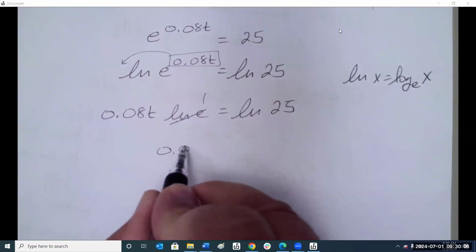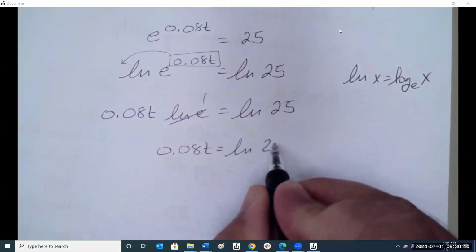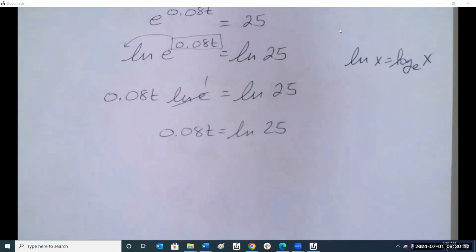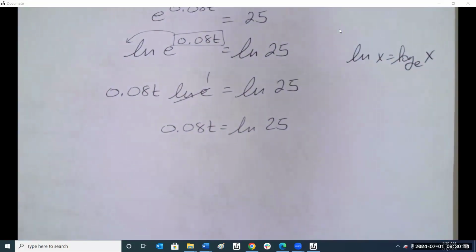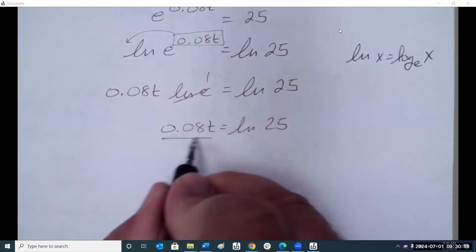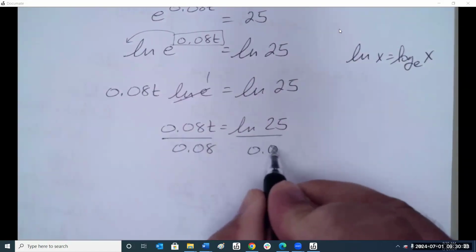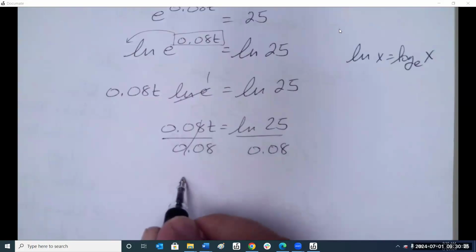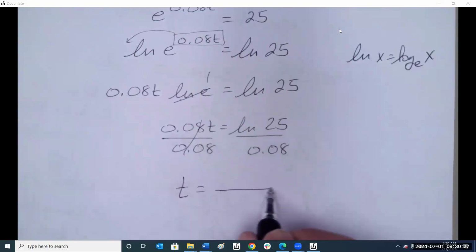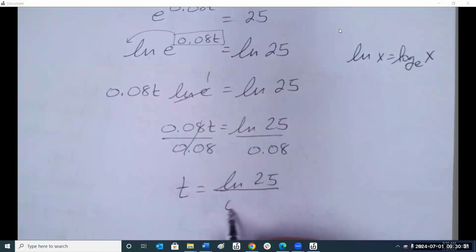So 0.08t equals ln of 25. Isolate your t: divide both sides by 0.08. And that's your answer. Of course, type it in your calculator, and you get a number.